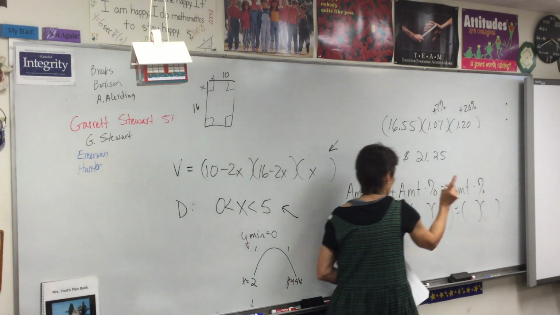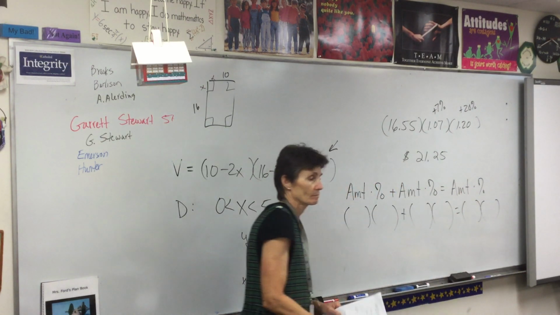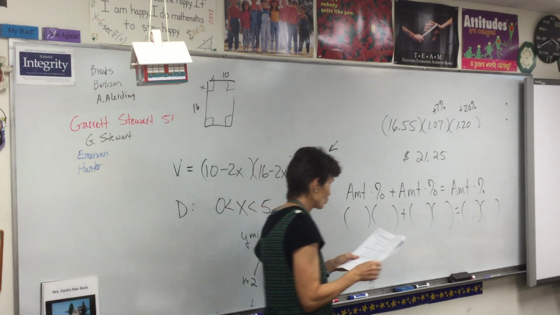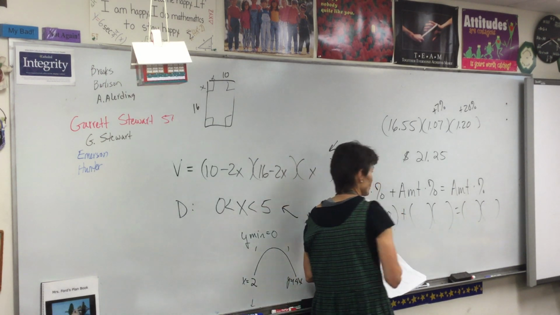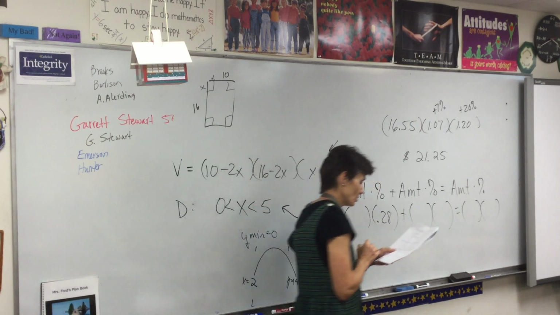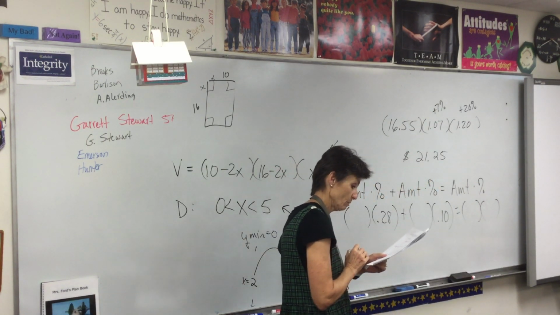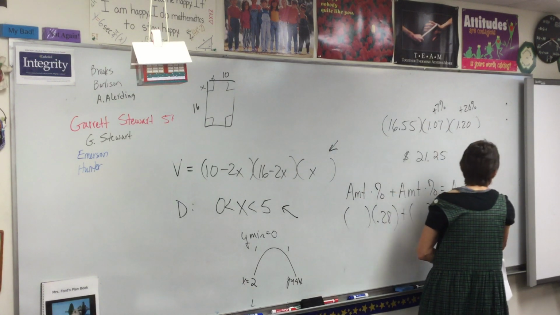These two add up to that one. How much 28%, so there's 0.28, should be mixed with 20 cups of 10%, so there's 0.10, to get Kool-Aid that is 22%.